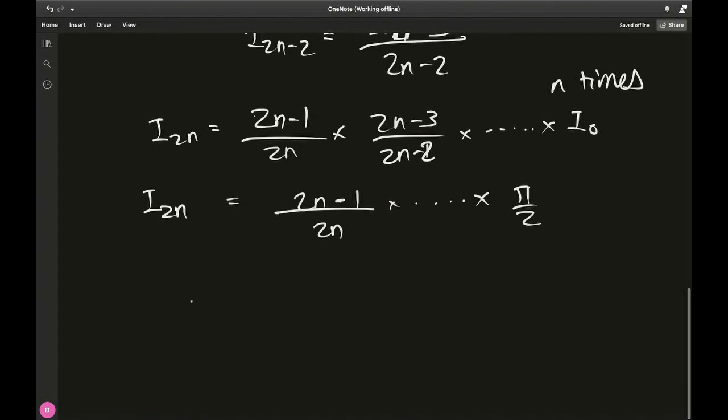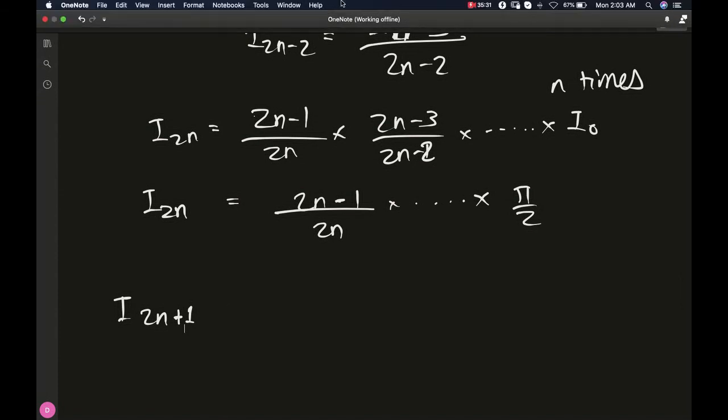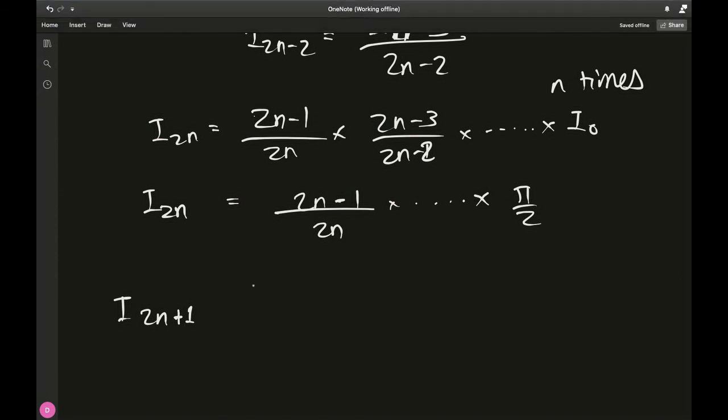Now, mind you, if we look at I sub 2n plus 1, so if we express this to I sub 2n plus 1, instead of 2n you substitute 2n plus 1, you get 2n divided by 2n plus 1.